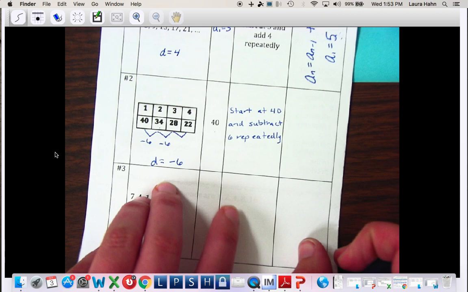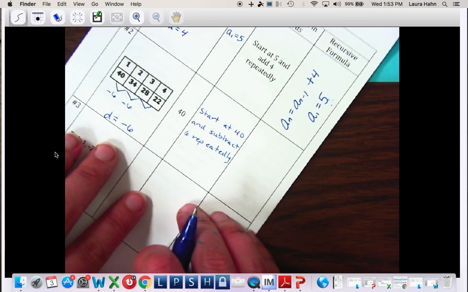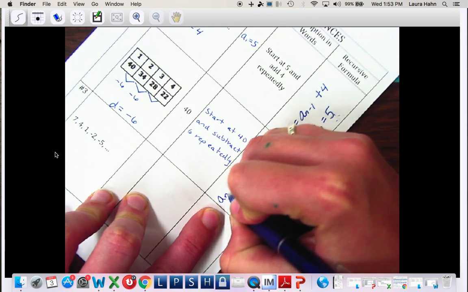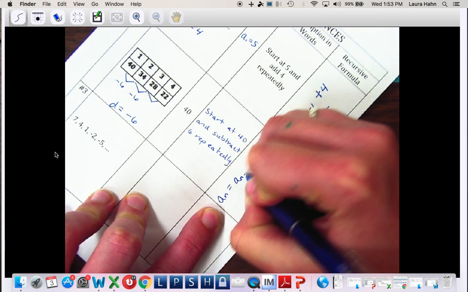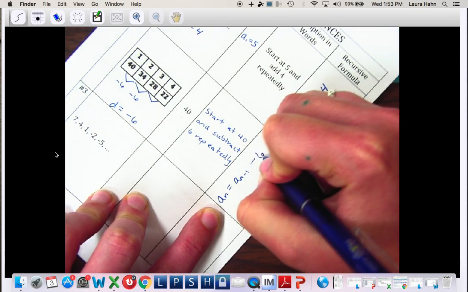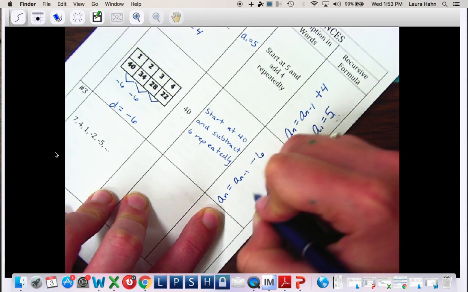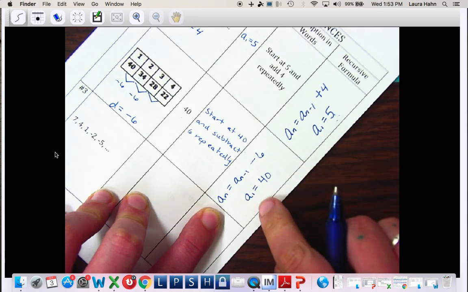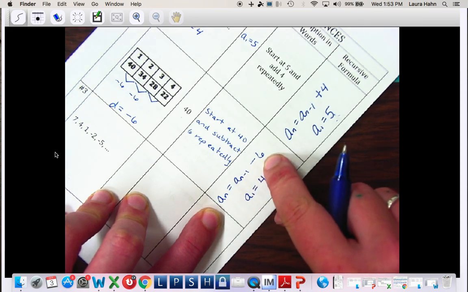Okay, so now we need to write that in an equation, so I'm going to turn it sideways, right? So to find any term, our nth term, it's going to be equal to the previous term, a sub n minus 1. And this time our common difference was a negative 6, so I'm going to put minus 6. We have to remember to always put our first term, and our first term was 40. So we started at 40, and then we subtracted 6 repeatedly.